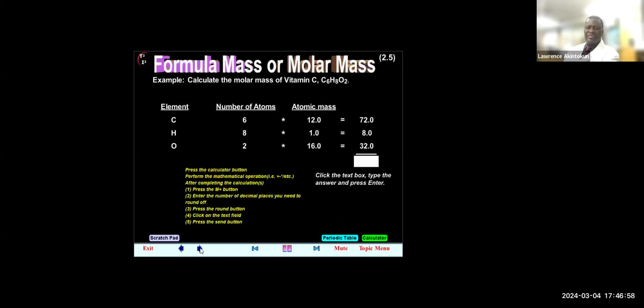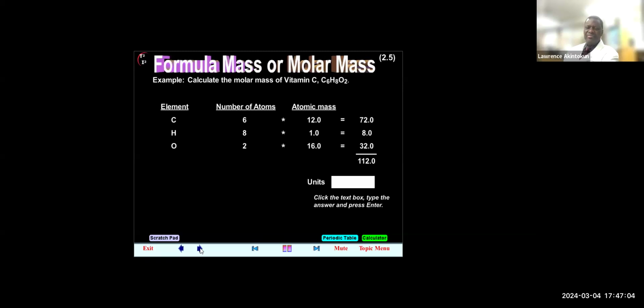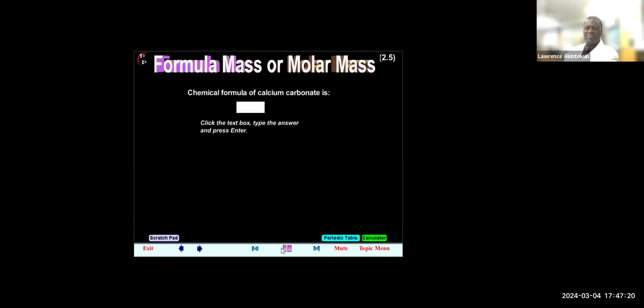So what is the total mass? 72.0 plus 8.0 plus 32.0. Units: this is 1 mole of vitamin C, so that is grams per mole. Hence the molar mass of vitamin C is 112.0 grams per mole.